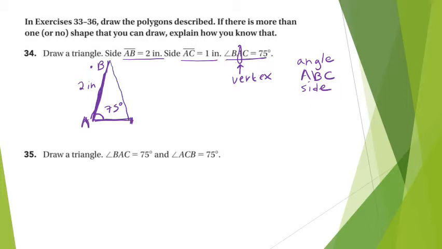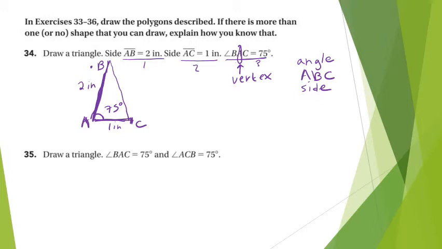And again, I can move C over further so it doesn't look like it's off by itself. But this is triangle ABC. It has a side length of 2 inches between A and B, a side length of 1 inch between A and C, and a 75 degree angle for BAC. So again, check your drawing and make sure that you have all of those components, right? 1, 2, 3 in your final drawing.